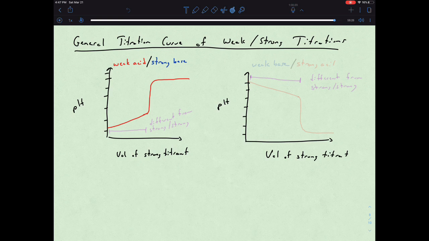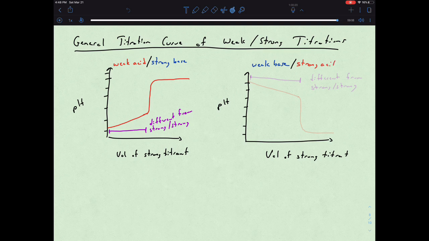So it's this region here that's different from the strong titration. That's usually flat, and in the strong titration here, it's increasing. Or if we're titrating a weak base with a strong acid, we see the mirror image of that.